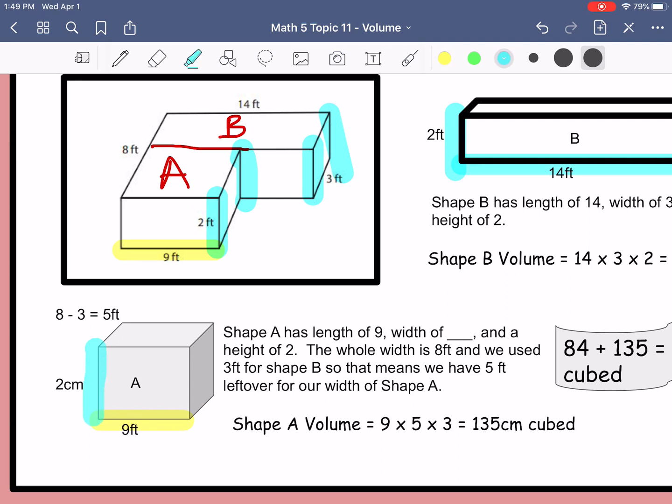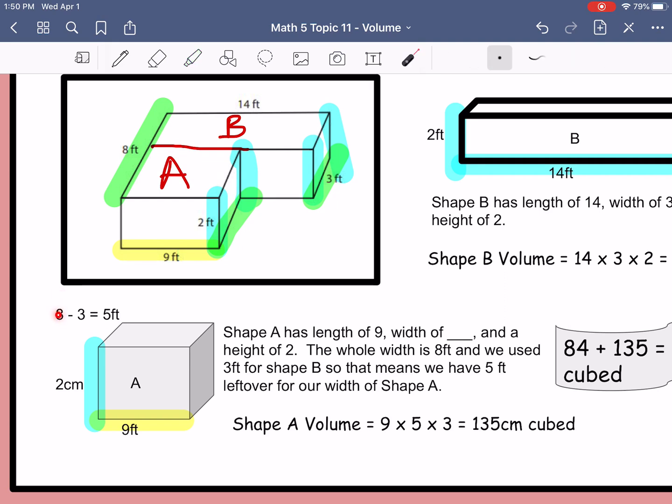We found that was 2. Now we need the width. Well, the width is just this much. I see that the total width is 8. I've used up 3 on shape B, so what is shape A's width?